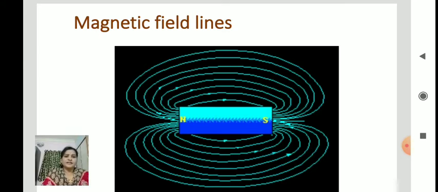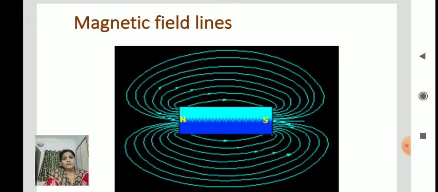If you draw a tangent to any magnetic field line, the direction of the tangent shows the direction of the magnetic field B. Magnetic field is denoted by B.